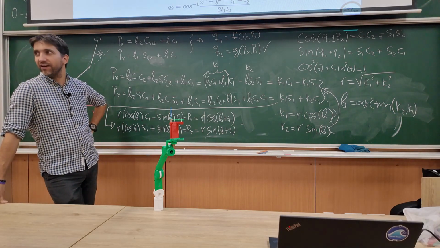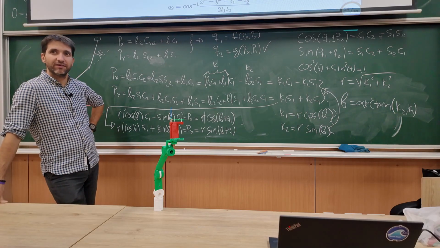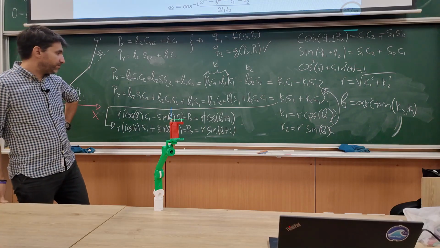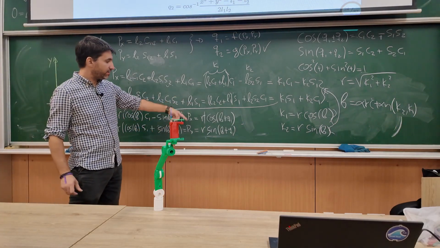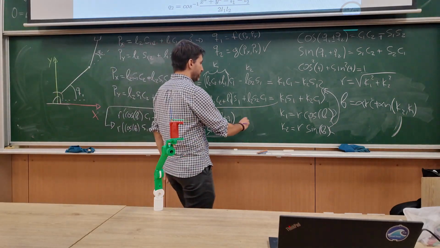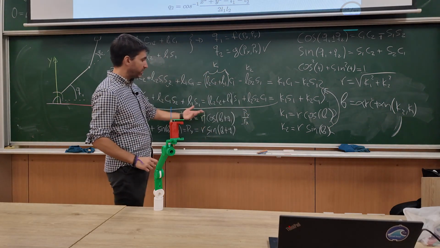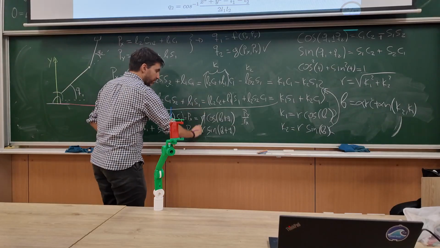What can I calculate if I have the sine and the cosine of something? The tangent. How do I calculate the tangent? I divide them, right? So if I divide py by px, what will I have? R will go away.